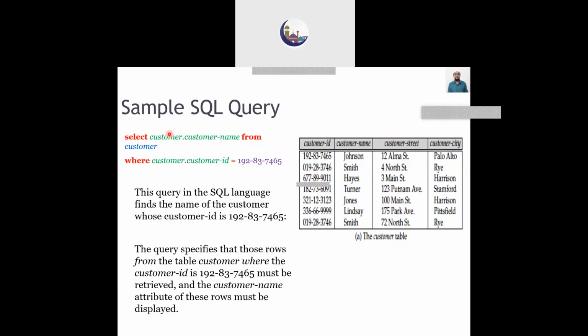Name, from which table? Customer table. Okay, customer table is available. Customer name is a column, yes, available. So these many values are there. But wait, there is a where clause: customer ID is equal to 192837465. What is that corresponding customer name? Johnson. So what will be the result returned by this query? Johnson.